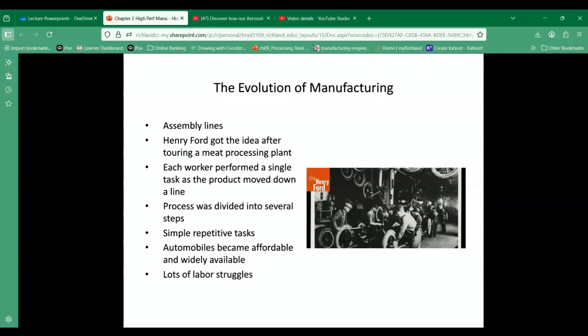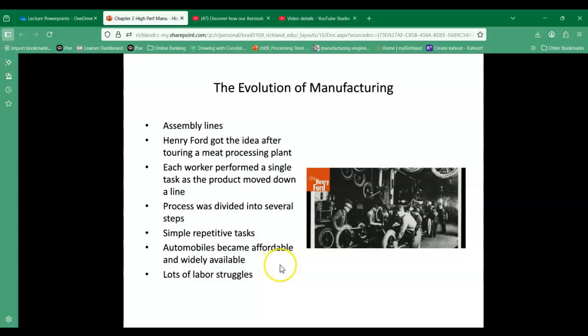So when you could have simple repetitive tasks, it made automobiles more affordable and widely available, and it also increased the speed at which we could manufacture and assemble the product. That assembly line concept is still key and is still utilized today, although it is not the same as it was 100 plus years ago.